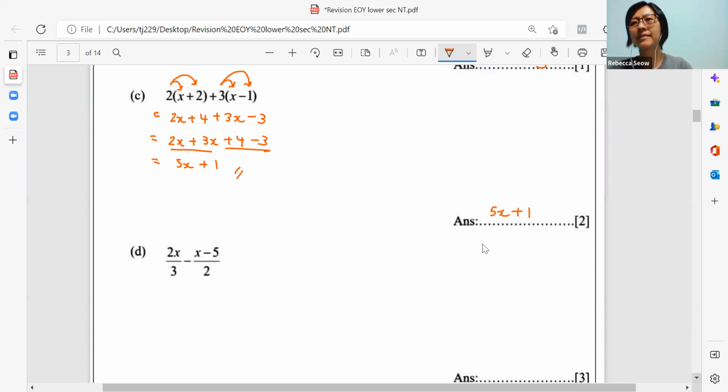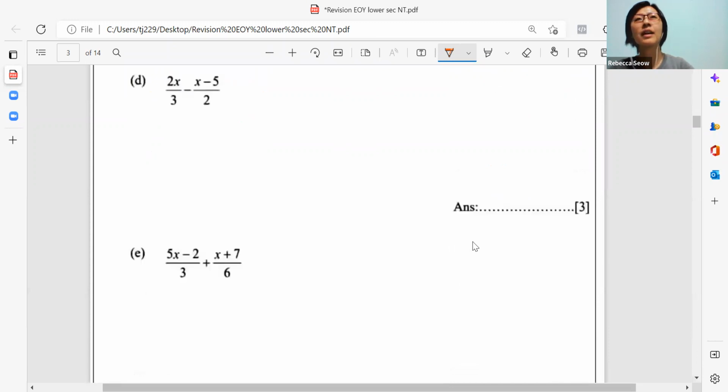Next question. We have two fractions and we want to add them together. However, the denominators are different. So what we need to do is to find a common denominator. So let's take a look at 3 and 2. What is the common multiple of 3 and 2?